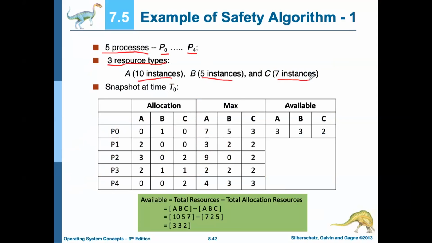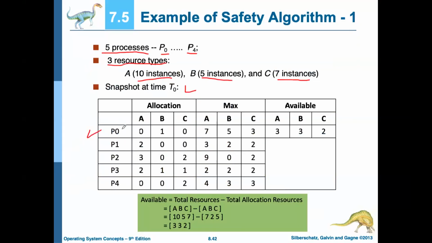So this is the snapshot at time T0, and this is the allocation at T0 at the beginning.